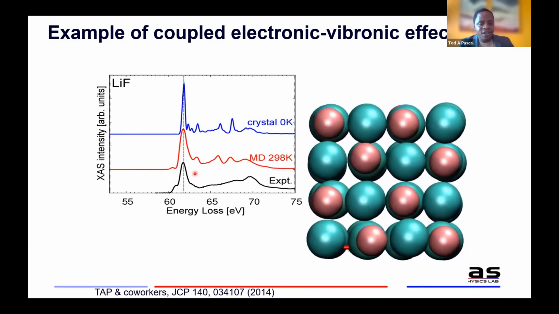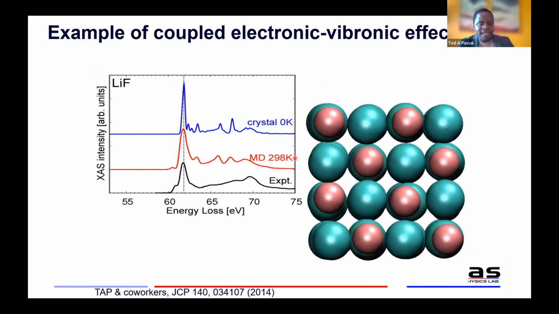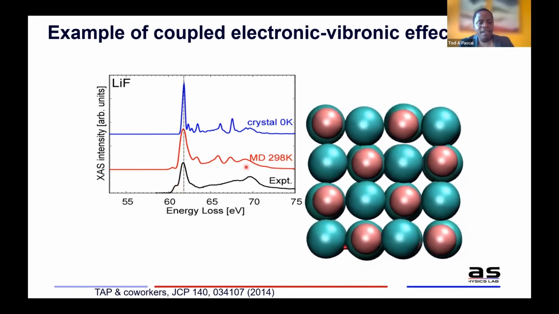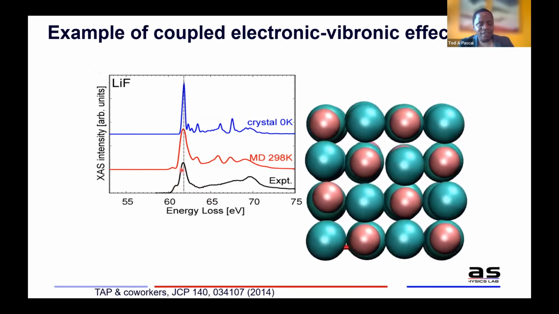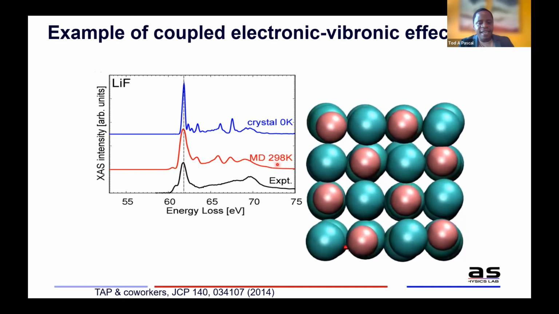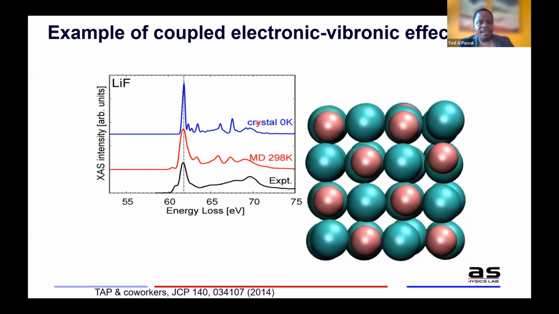So it seems at least that this pre-edge peak in the experiment may be real, but then the question is, what is the nature of it? Why do we see it when we get the MD structure as average, but not the crystal?